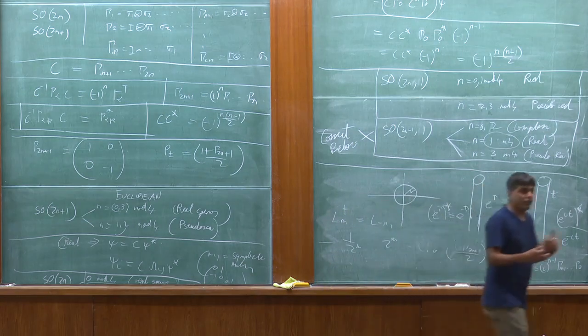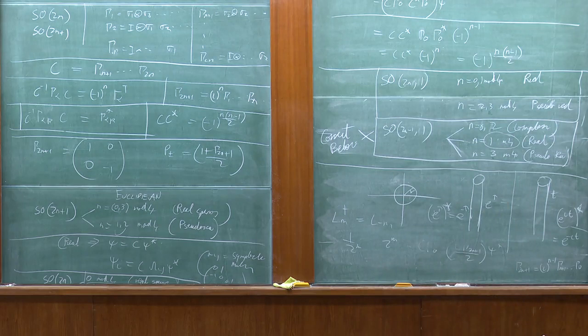Okay? So I just wanted to say that this happens all the time in physics. The reality conditions we impose in Euclidean space are not the Euclidean reality conditions. They are the reality conditions that come from Lorentzian space and then followed through after the analytic continuation. Okay? So there is a separate reality condition you might have wanted to impose in Euclidean space for some other reason. That will not be this one.